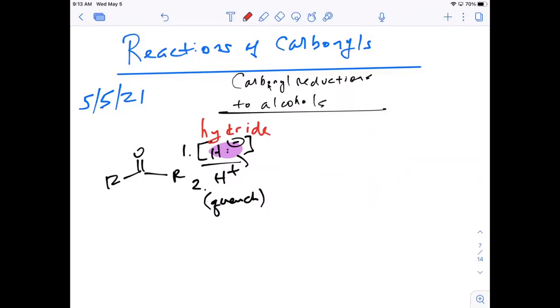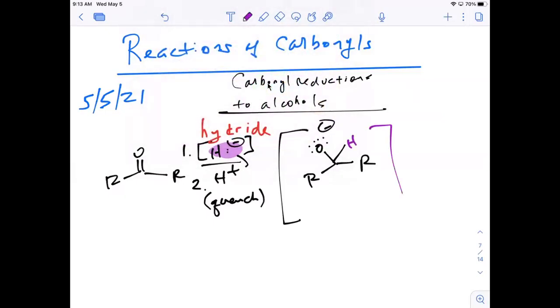The outcome is first you get a tetrahedral intermediate that looks like this, where the hydride has added. That's negative. This is R, and the hydride is here.